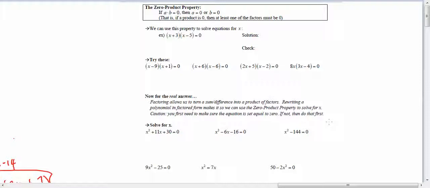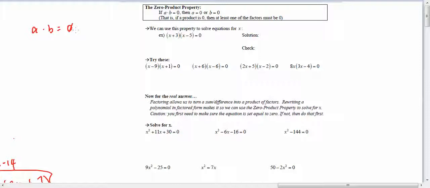I want to show you real quickly the zero product property. It's a very simple, easy thing to understand. I even think I explained this to you once before. If I have two numbers, A and B, and I'm multiplying them, and I say that A times B equals 0, I can draw one of two conclusions.